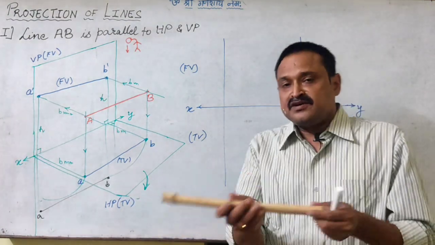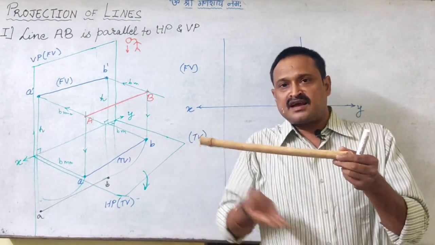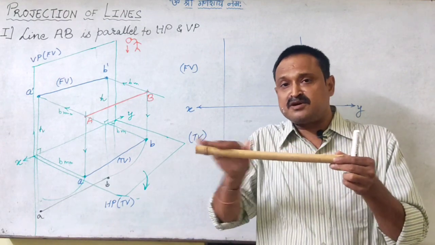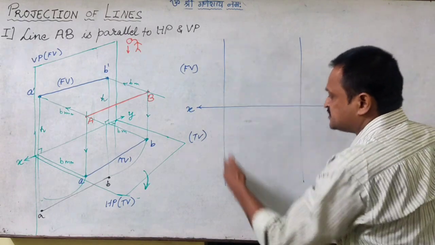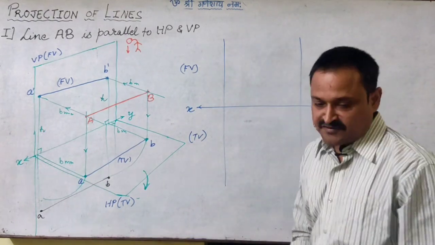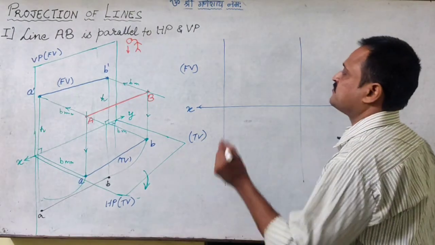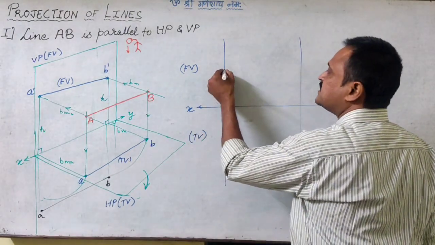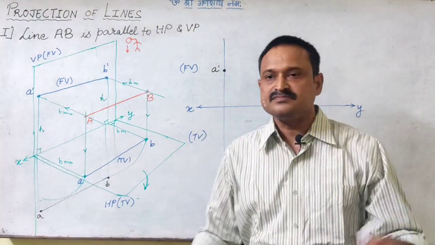So when you are looking at it from the front, we know that the height of A and the height of B are the same because the line is parallel to HP. So on the projector of A, I can mark, if I know the height of A, say H, I get this as the front view image of the point, A dash, right?